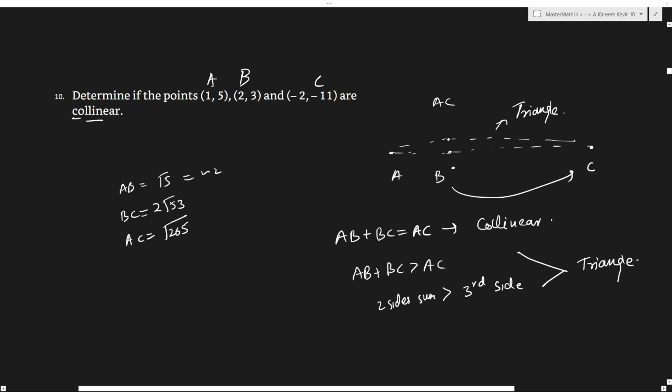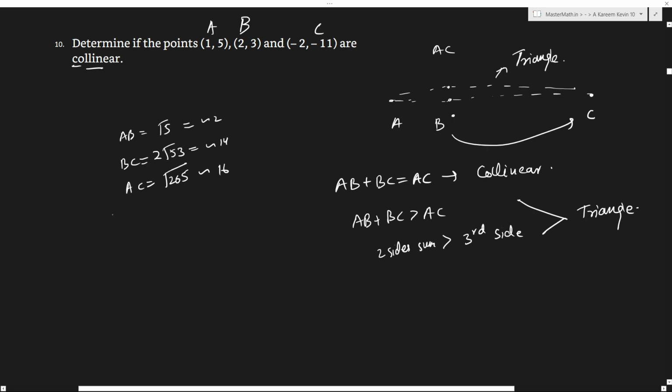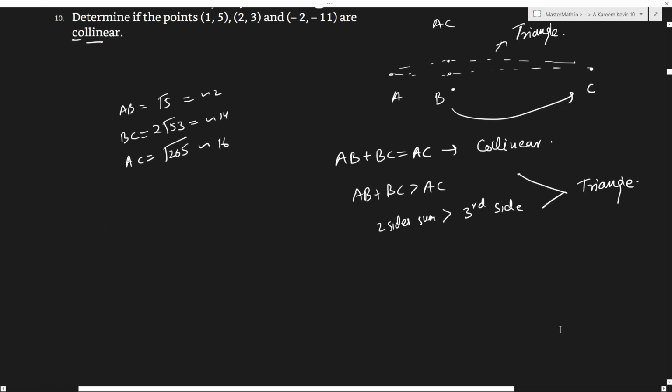I will show you how to find it exactly, but now this is root 5, approximately 2, and this would be how much? 7 squared is 49, so approximately 14 point something, and this is around 16. So now we need to check. Okay, that is coming approximately correct, but let's do it exactly.